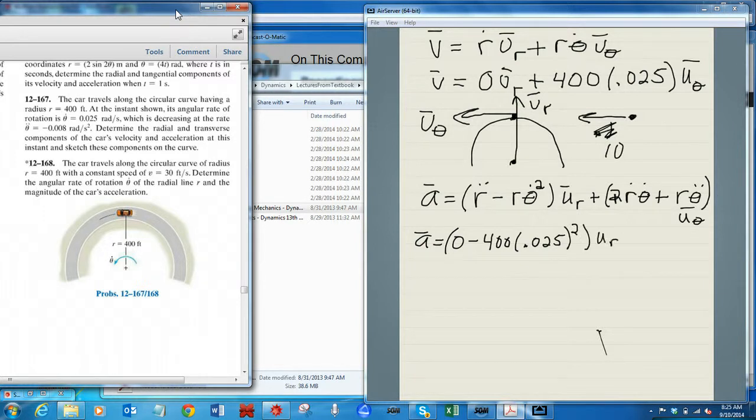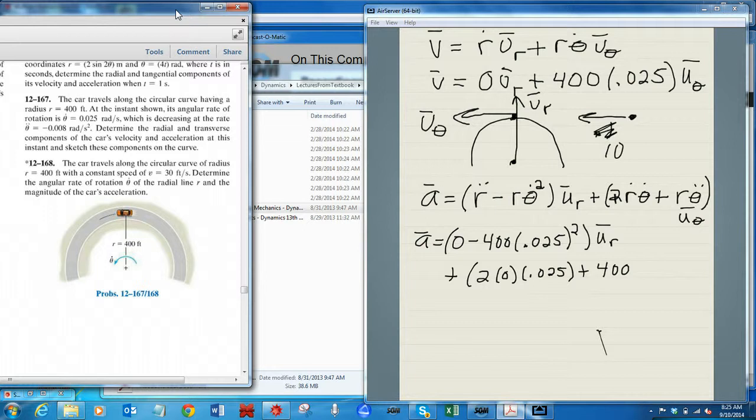U R, plus 2 R dot, 0, times theta dot, 0.025, plus R is 400. What's theta double dot?